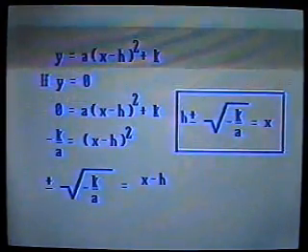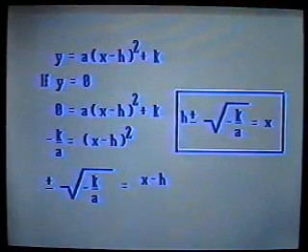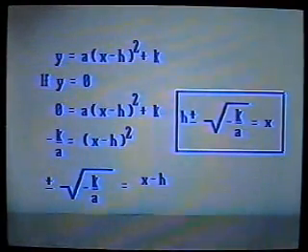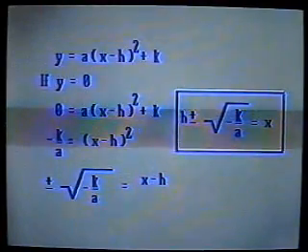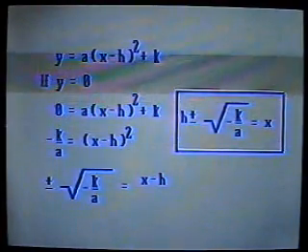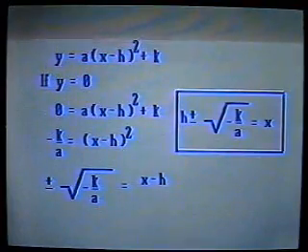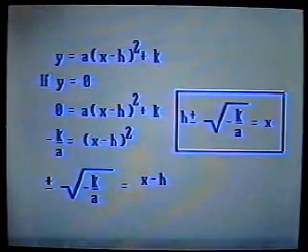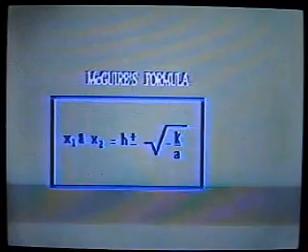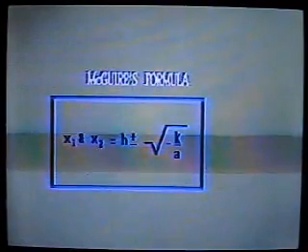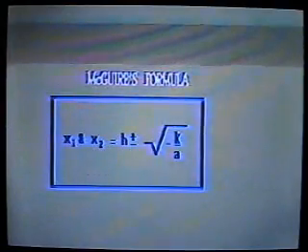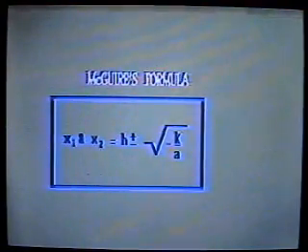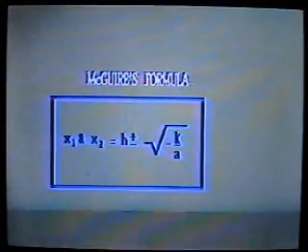Letting y be 0, as is appropriate for finding roots, we solve for x to obtain the formula. So for the parabola with vertex at minus 3/4, minus 17/8, we calculate using the formula as follows.